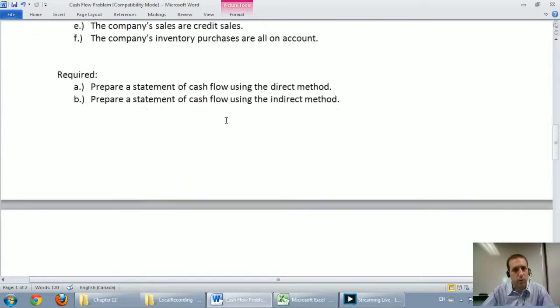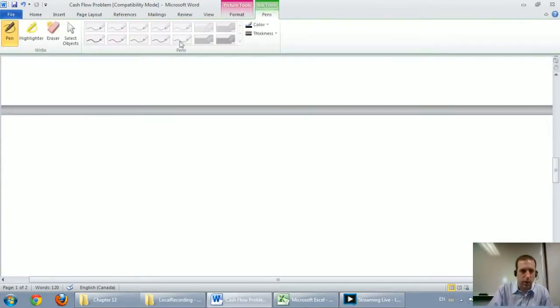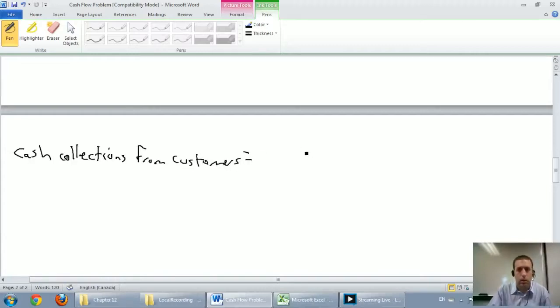So I'm going to give you a formula now. And again, this isn't one size fits all. It works for this problem. It doesn't work for every single cash flow statement you're going to look at. But the formula I would use for cash collections from customers is sales, we said sales was involved, plus decrease in accounts receivable.